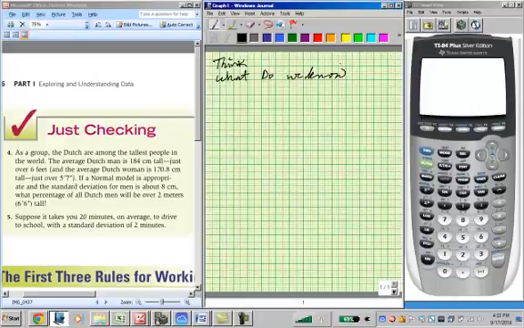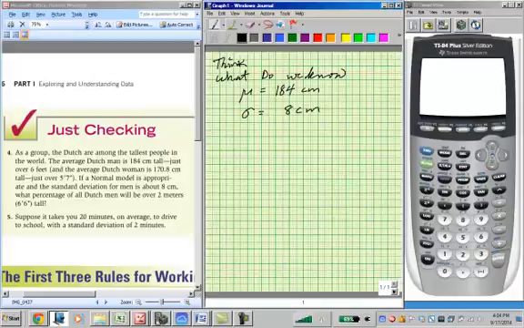Well, we know the mean, symbolized by the lowercase Greek letter mu, for this population of Dutch men is 184 centimeters. The standard deviation, symbolized by a lowercase Greek s called sigma, is 8 centimeters.